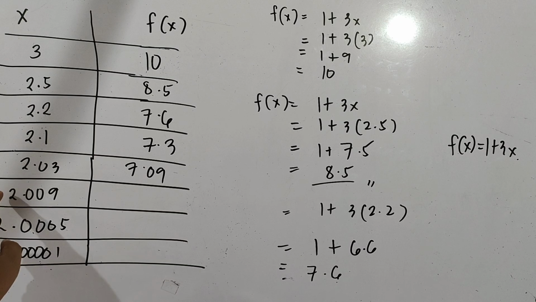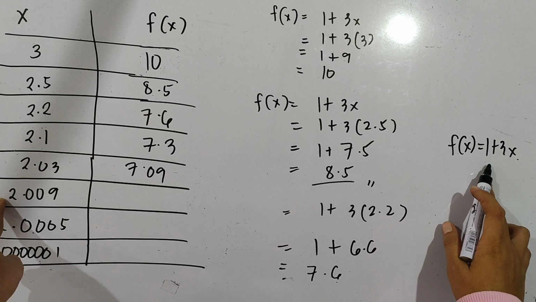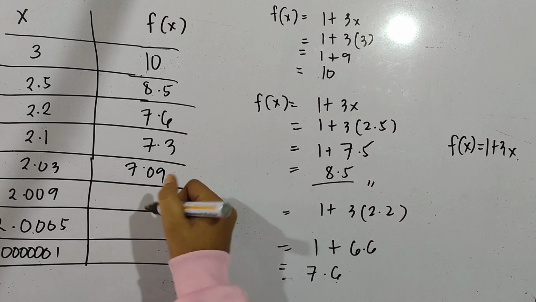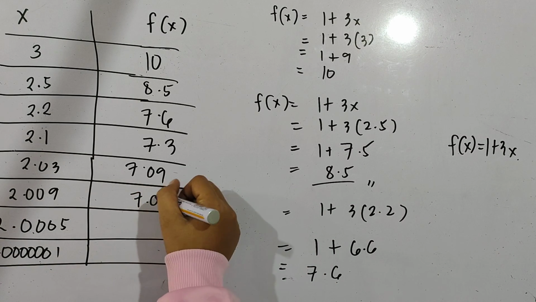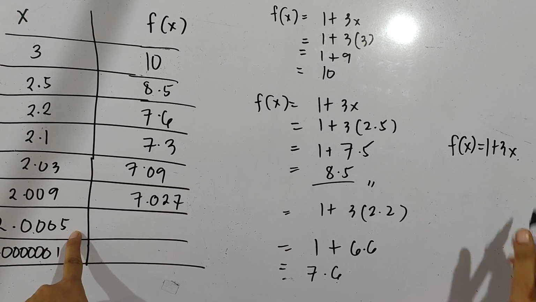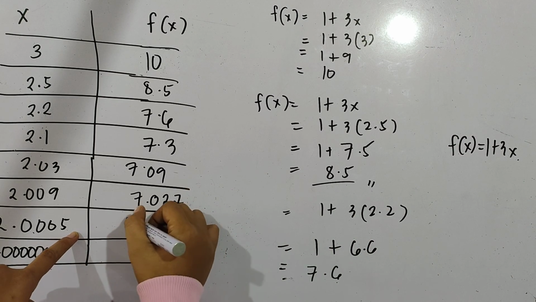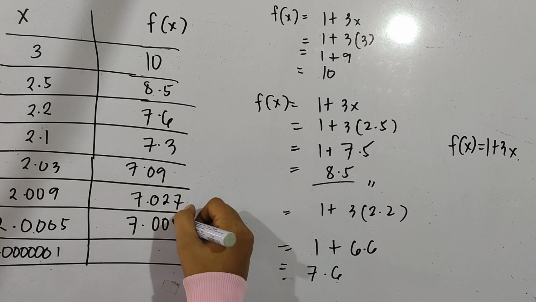Okay. Then, how about 2.009? So, 3 times 2.009 plus 1 is equal to 7.027. How about 2.005 times 3 plus 1 is 7.0015.